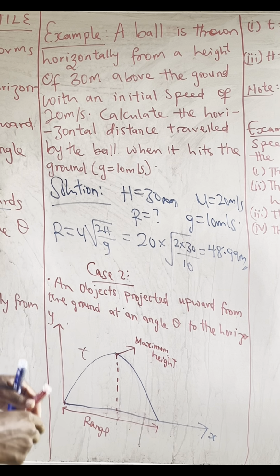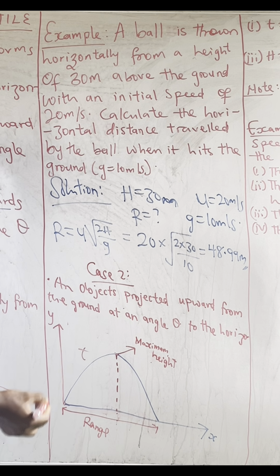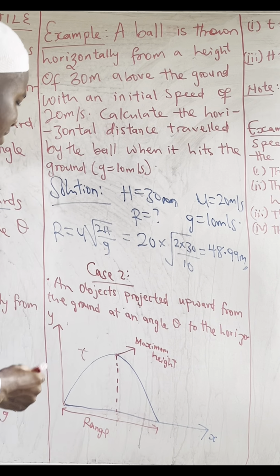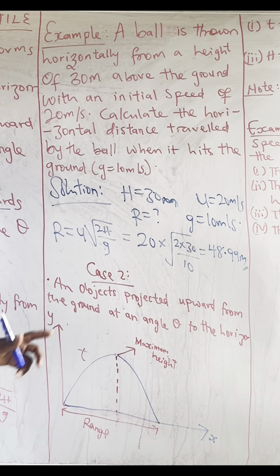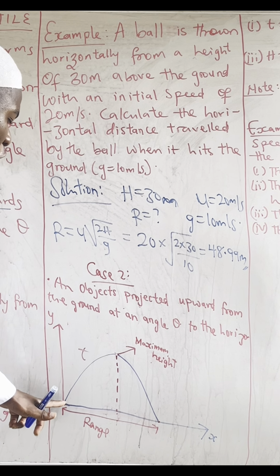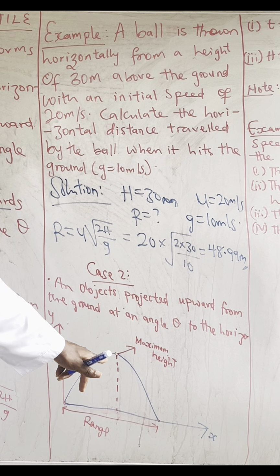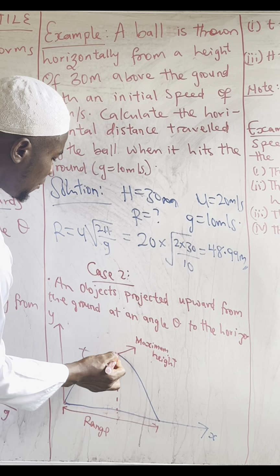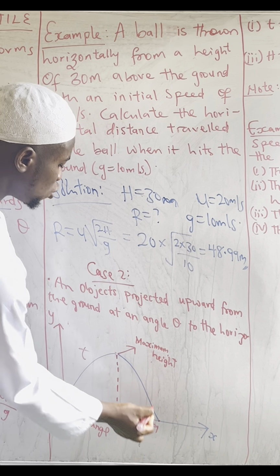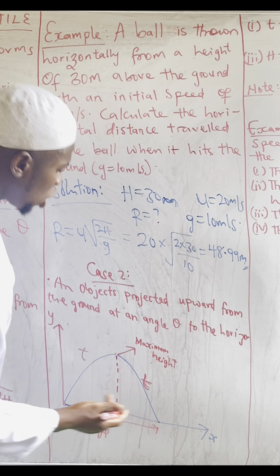If it takes this object 2 seconds to move from this point to this point, then it must also take this object another 2 seconds to move from this point to this point. So that is why the time taken by the object to move from the initial point to the maximum point will be the same time it will take the object to move from the maximum point back to the initial point. So if this part is t, this part will also be t.